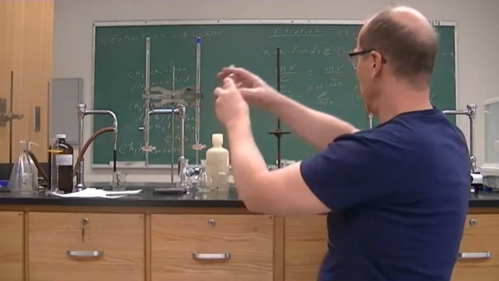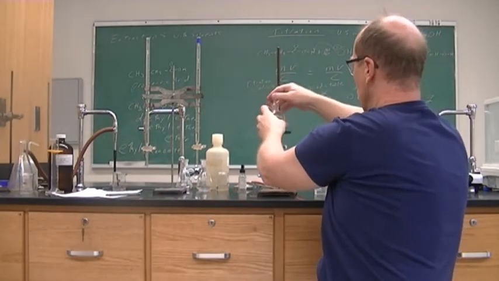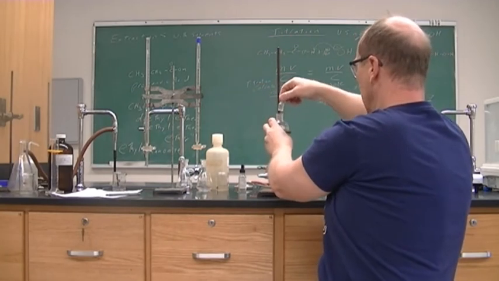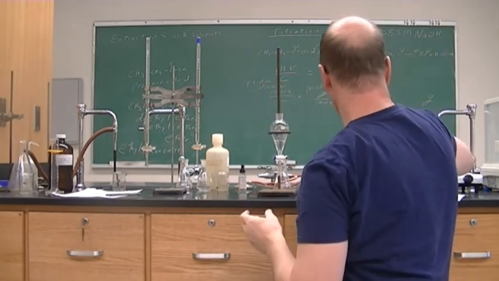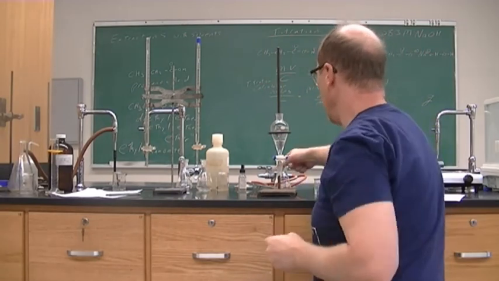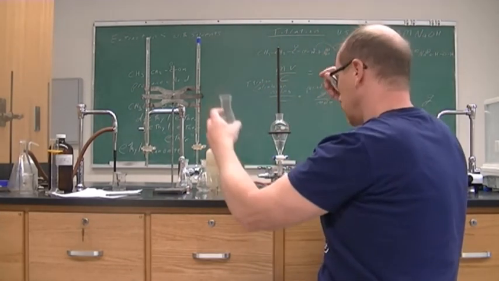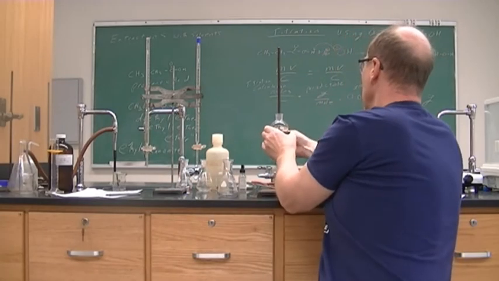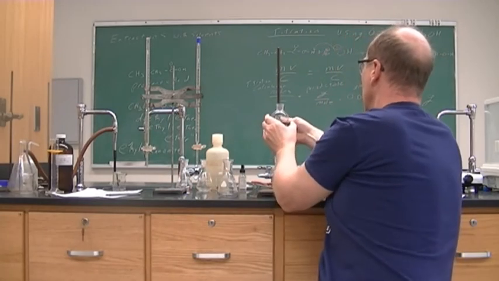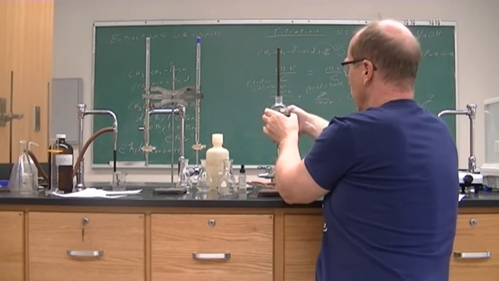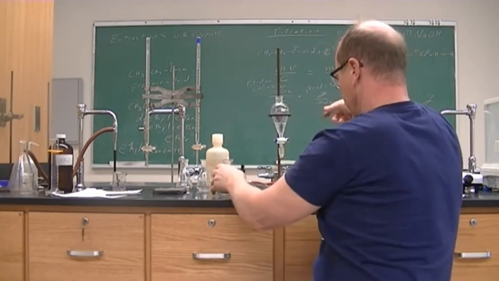So we are ready to remove. This time we're going to put it in our Erlenmeyer flask because we're going to do our titration. This was the third and final extraction.